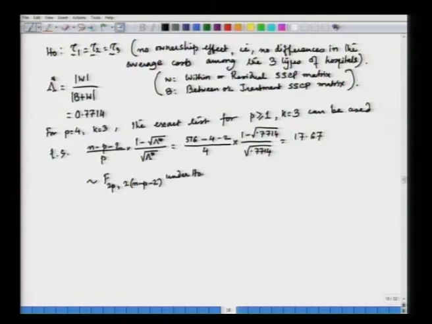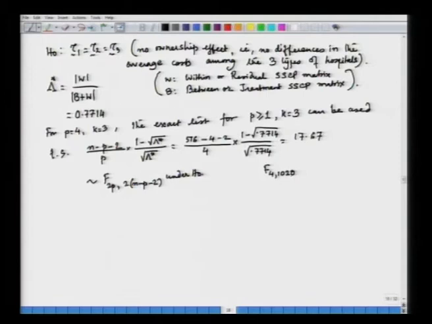So, I have to compare this with F with 2p, that is 8, and the second degrees of freedom turns out to be quite high because n is 516. So, this is 1020.